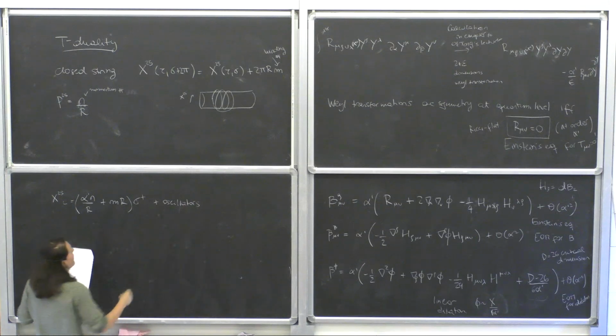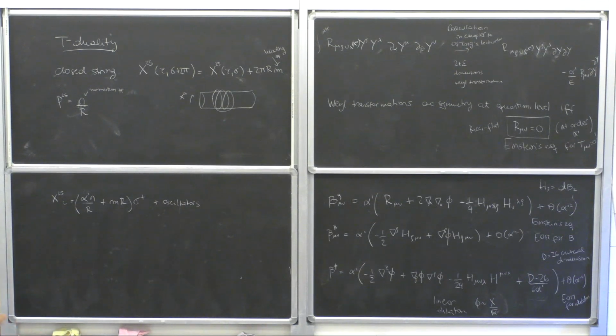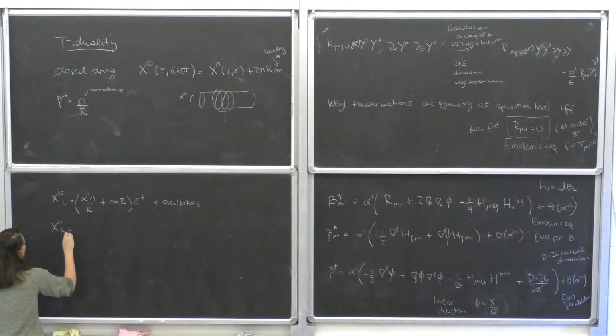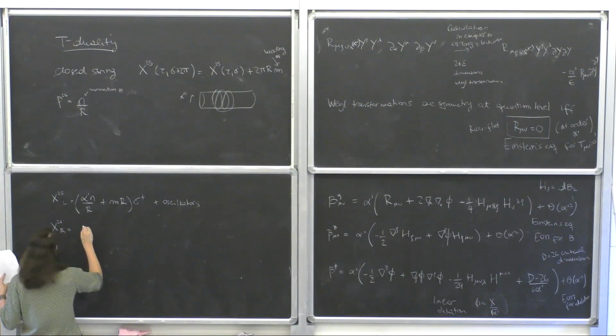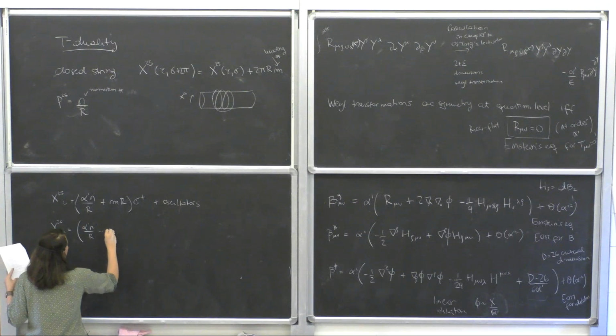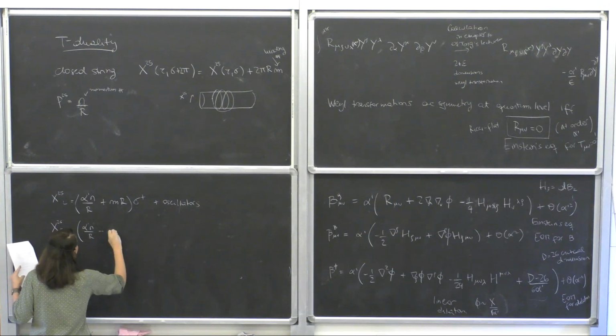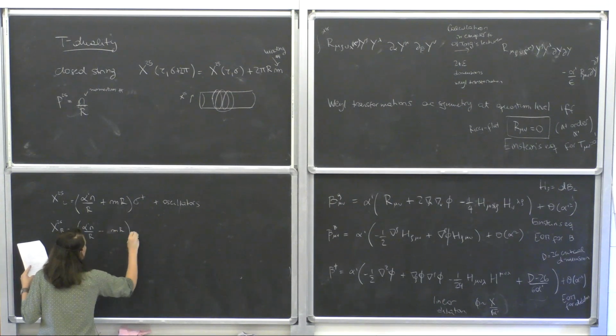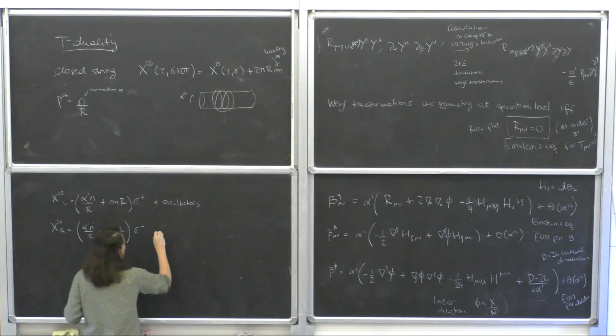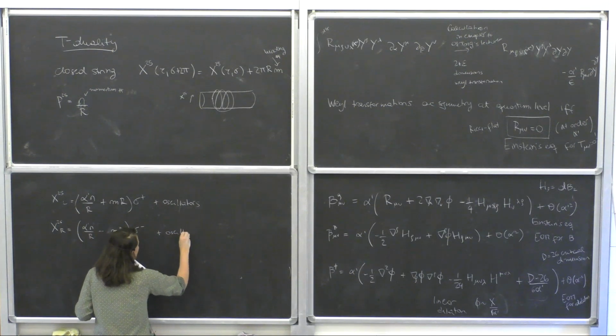Doesn't matter if you have that winding number, the oscillators. While x25 right is alpha prime n over r minus m r sigma minus plus the oscillators.